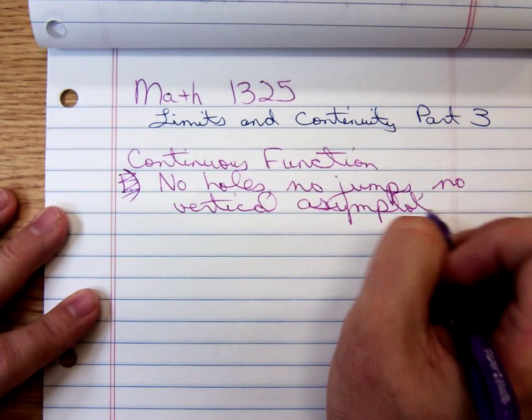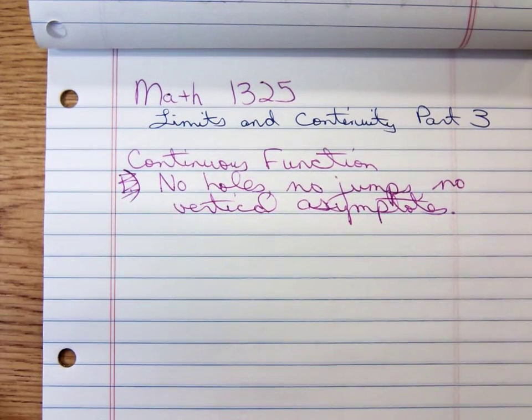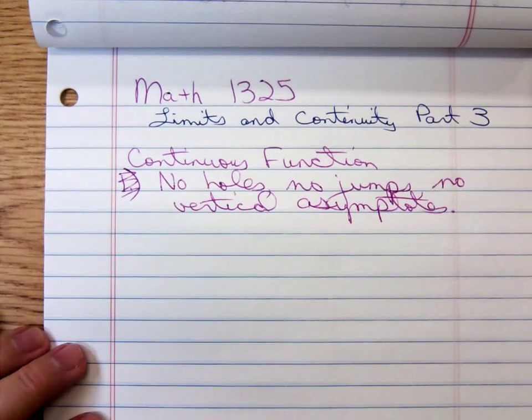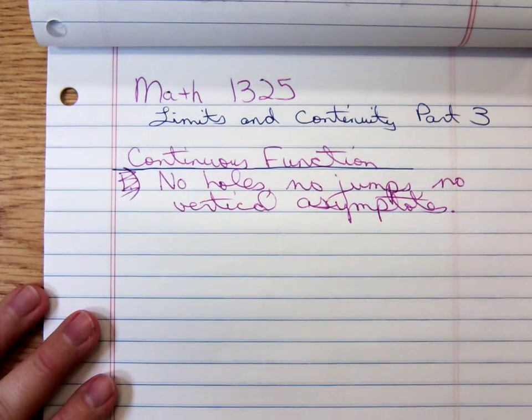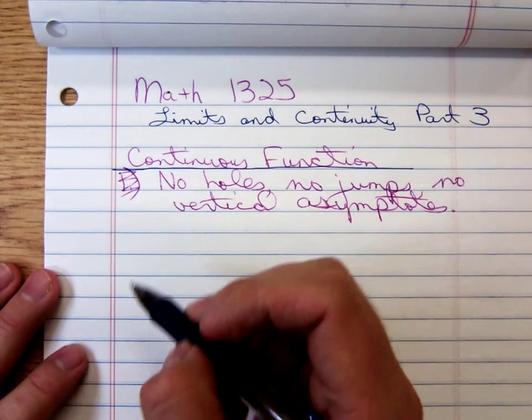Just from having been alive, we have an idea of what the word continuous means. And that's exactly what we think algebraically. The graph has no holes, no jumps.